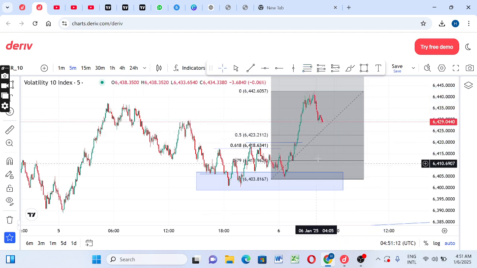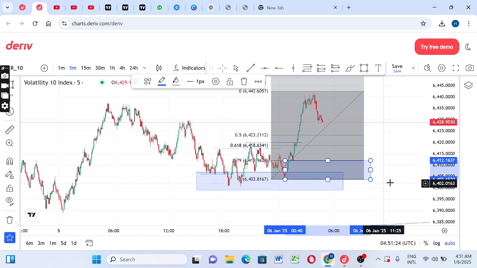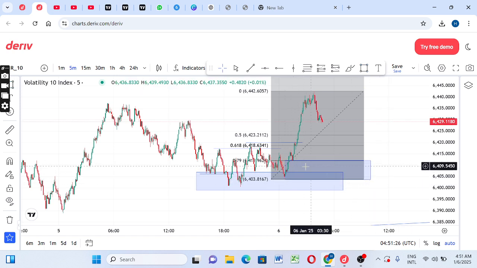We can see that the whole reaction is supposed to come from this area here, because I look at it tapping the 0.618 level. So I'll expect the reaction to come from this area. That simply means a drop from there to this point.